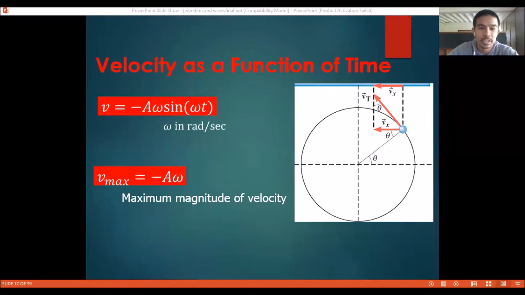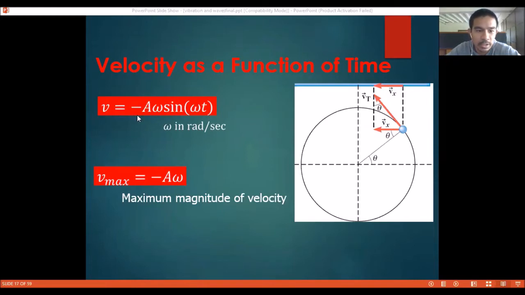So this is the velocity v as a function of time t. As you look at the figure, there is the tangential velocity, at this point, tangent to the circular path of an object. And then Vx is the speed or velocity of an object in simple harmonic motion, which is opposite to the direction of displacement.